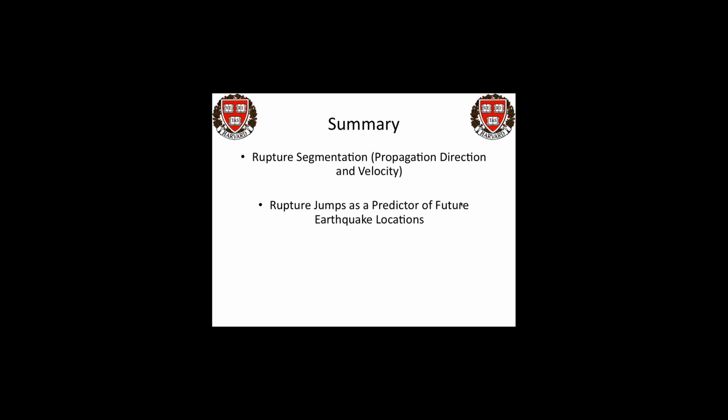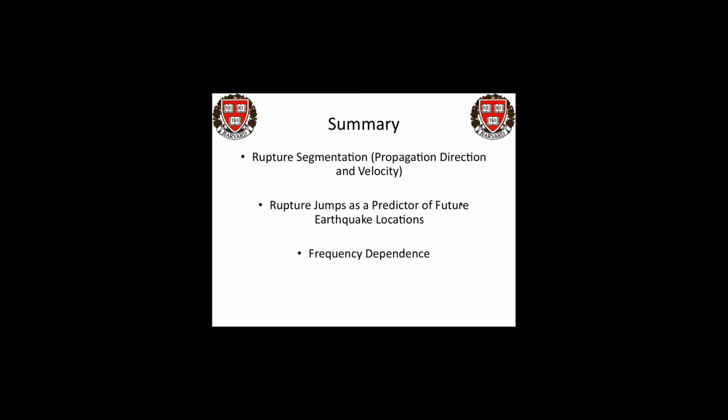We were pretty confident, but the fact that this large aftershock took place in Chile right where we had this jump should at least bring about the possibility of exploring how these small details of the back projection results can be used as predictors for future aftershocks or earthquakes in a given region.